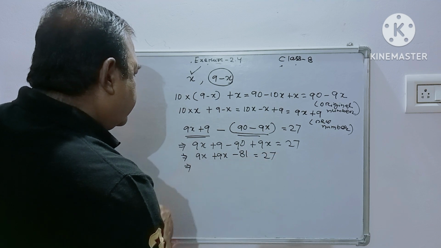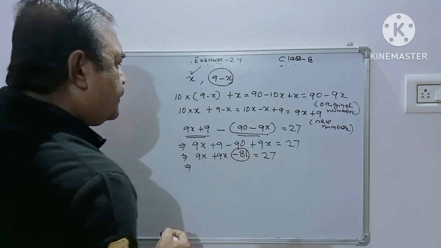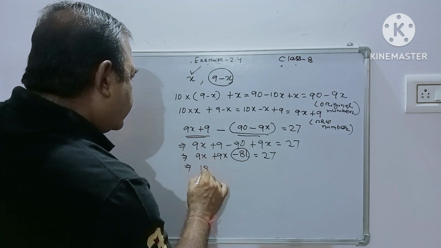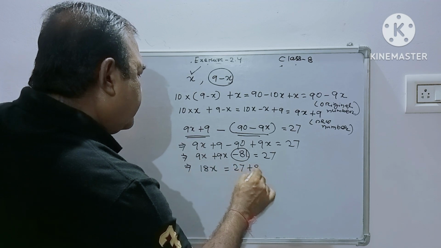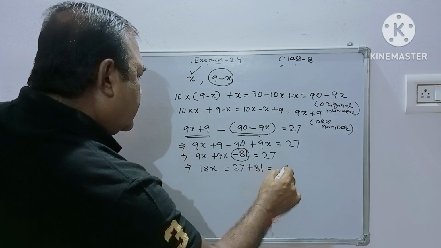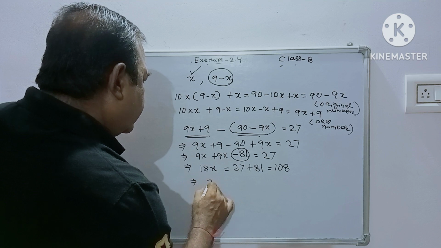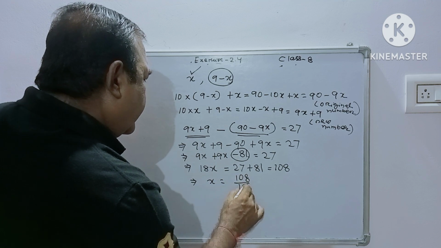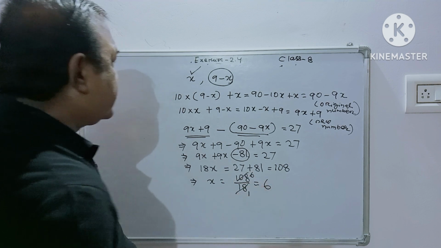We will have to transpose minus 81 to the right hand side. So 18x is equal to 27 plus 81, that is equal to 108. That implies x is equal to 108 upon 18. So 18 sixes are 108. So x is equal to 6.